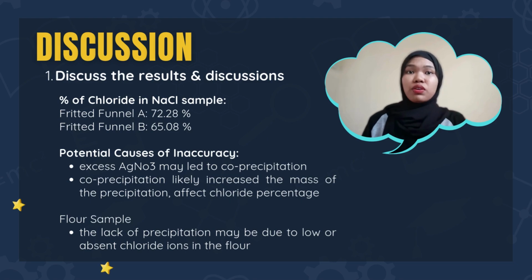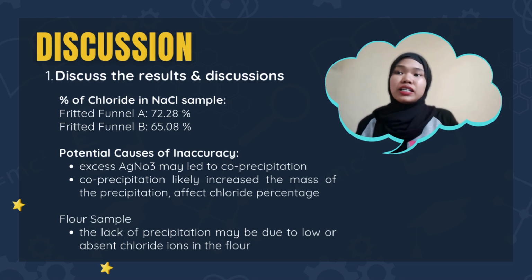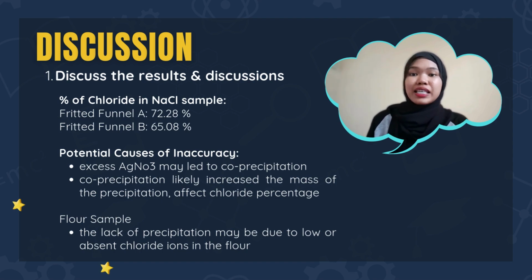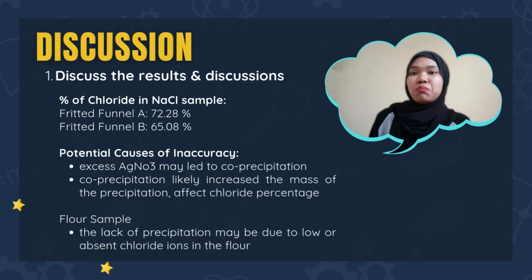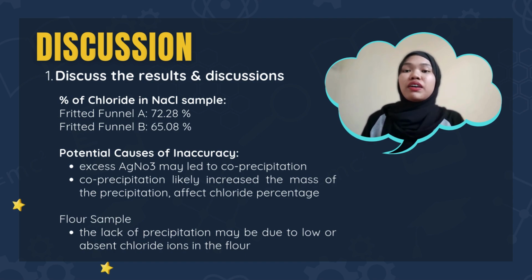The table in our report highlights the difference, showing the effect of possible errors like excess silver nitrate, which may have led to extra silver compound in the precipitate. These highlight the precision required in gravimetric analysis, especially for complex samples like flour.